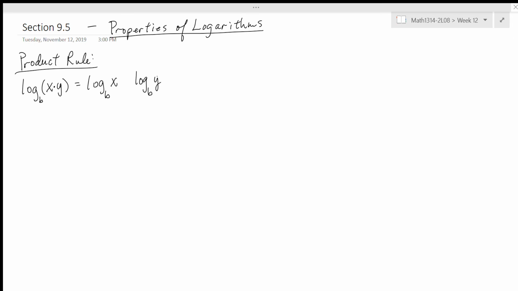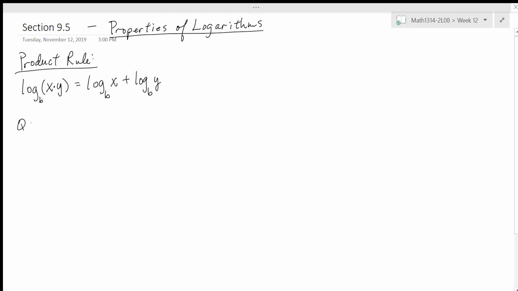If I have two numbers or letters or whatever, and I'm taking the log of those things that are being multiplied, I can take those factors and separate them. They each get their own log, and multiplication turns into addition. Multiplication turns into addition. Questions about that?